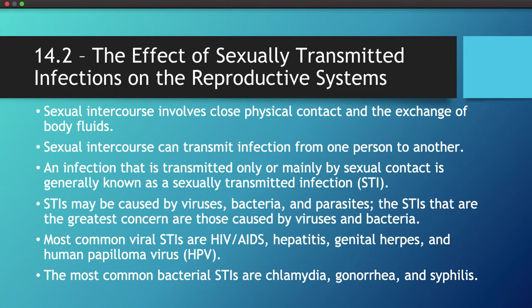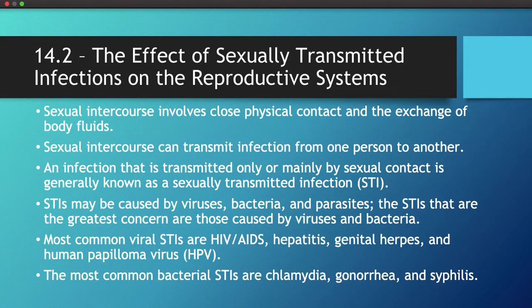It says sexual intercourse involves close physical contact and the exchange of bodily fluids. Sexual intercourse can transmit infection from one person to another. An infection that is transmitted only or mainly by sexual contact is generally known as a sexually transmitted infection. STIs may be caused by viruses, bacteria, and parasites.